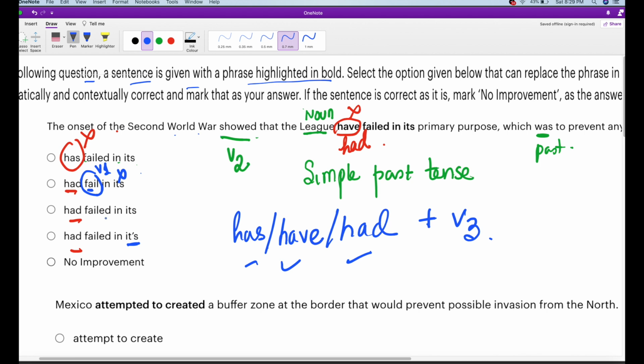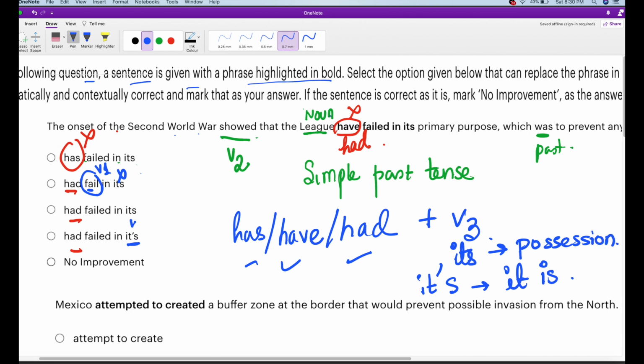Here you have apostrophe. What is the meaning of this? This means it is. And what is the meaning of this? This shows possession. Here what do we want to represent? We want to represent possession in its primary purpose.